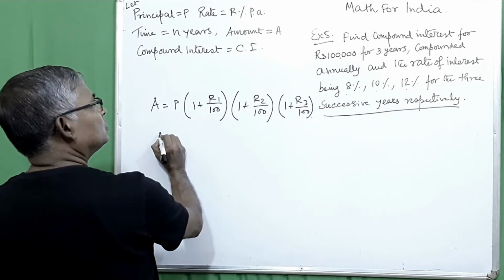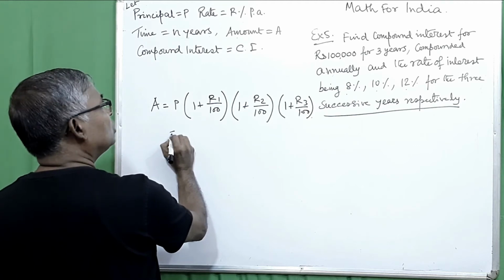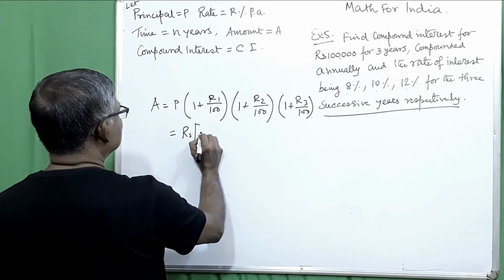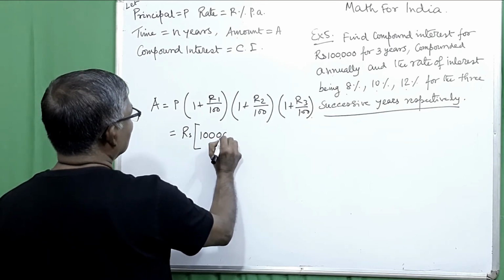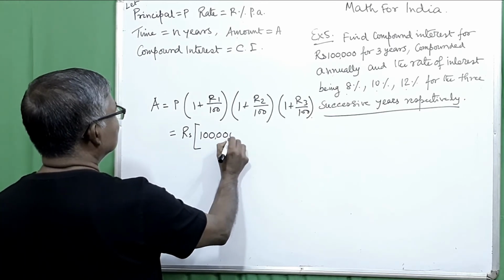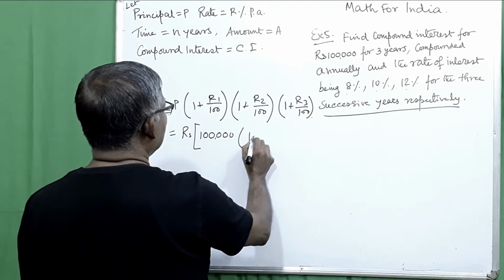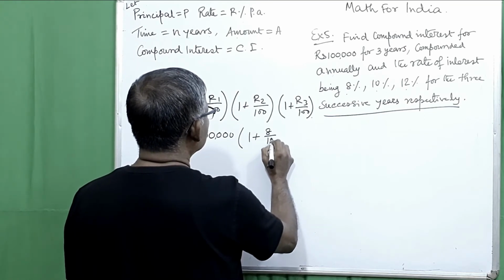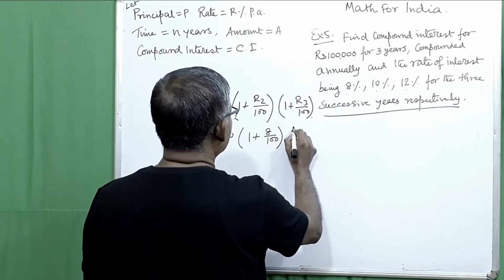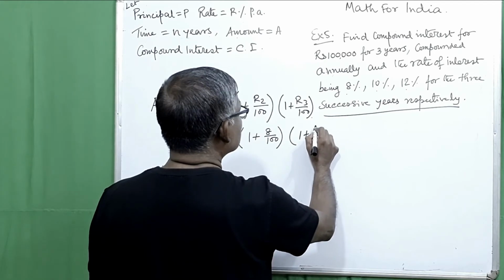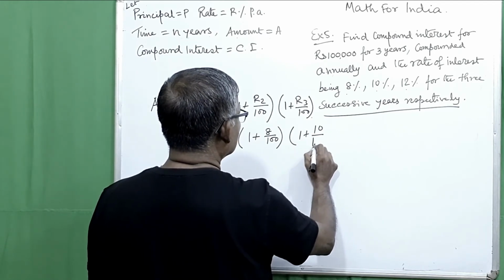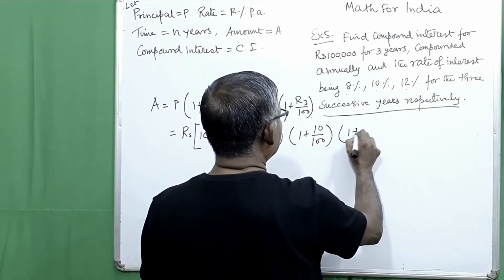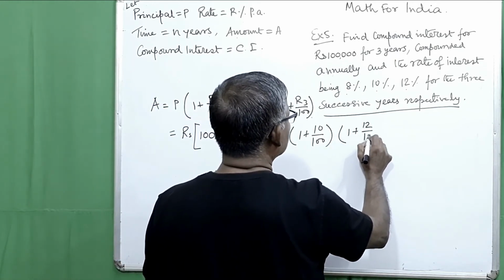Here P equals rupees 1 lakh, into 1 plus R1, which means 8 by 100, R2 means 1 plus 10 by 100, and R3 means 1 plus 12 by 100.